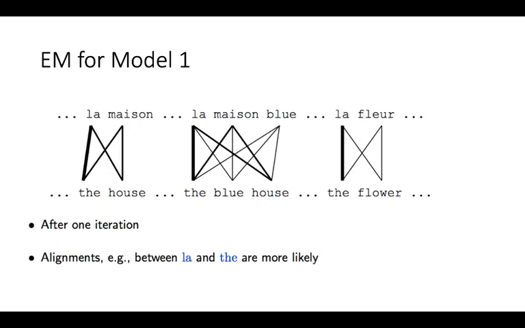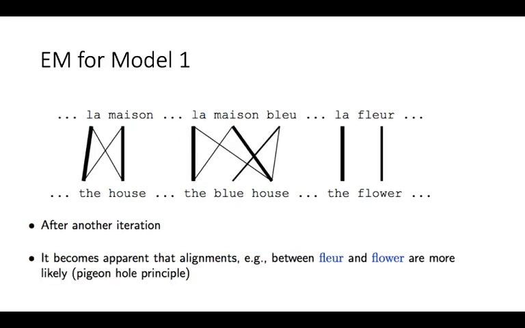And based on the observation here, we know that lar is most likely aligned to dir in the first iteration. So in this case, we count how many times lar aligned to dir, and then we can update the translation probability of dir given lar. And after another iteration, we know that, for example, floor might align to flowers here, and then we keep iterating the process.